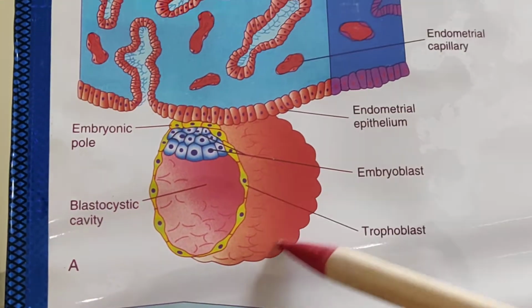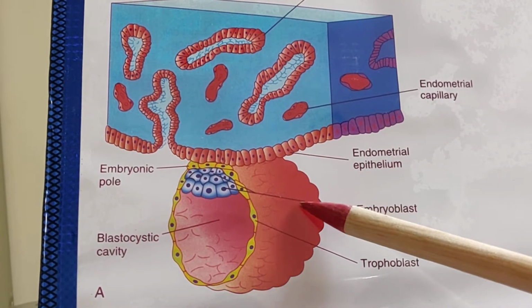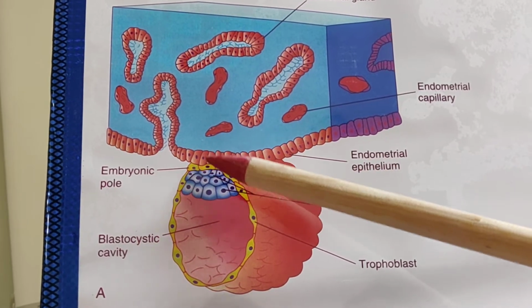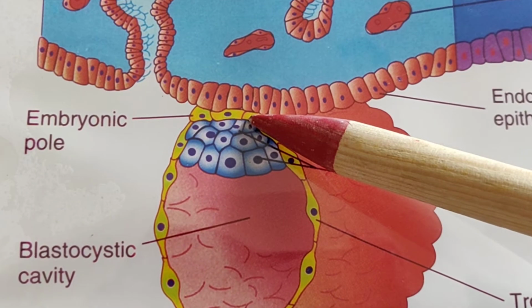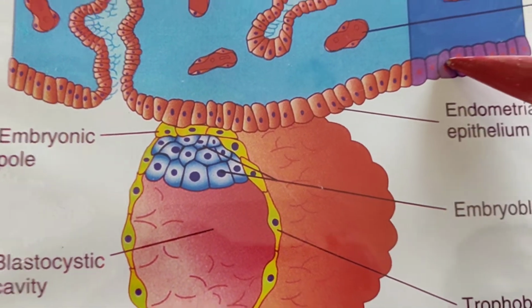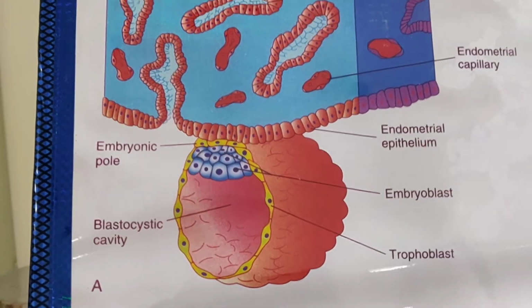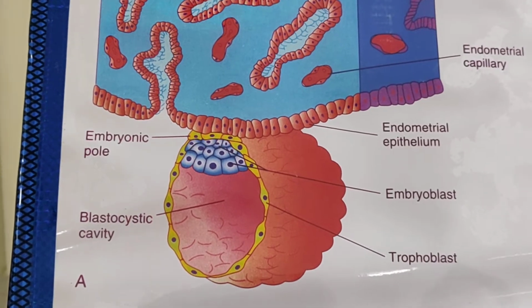So it is the blastocyst, and this is the cavity. Now this is the importance of the embryonic pole. It is the embryonic pole that is first attached to the uterine endometrium, and the opposite pole is the abembryonic pole.